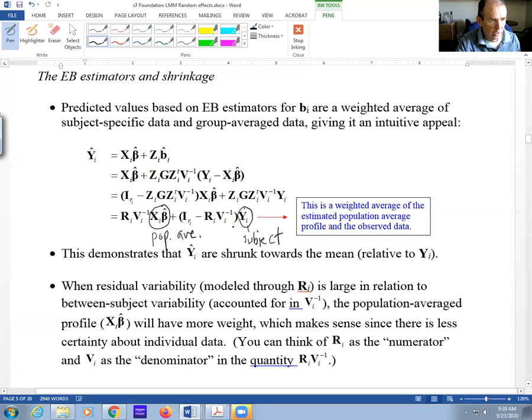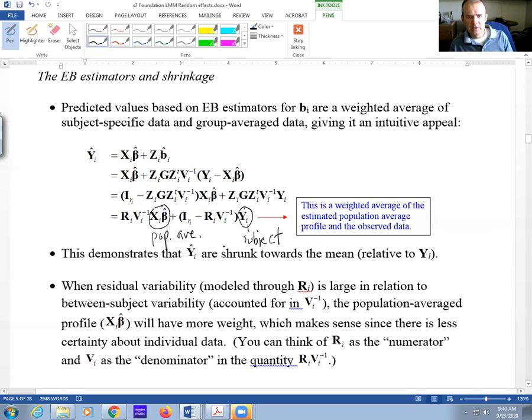And we're taking a weighted average where the weights are the RV inverse and then the I minus RV inverse. So in a nutshell, if you have less subject data or it's more variable, you're going to weight the subject piece less relative to the population average piece.